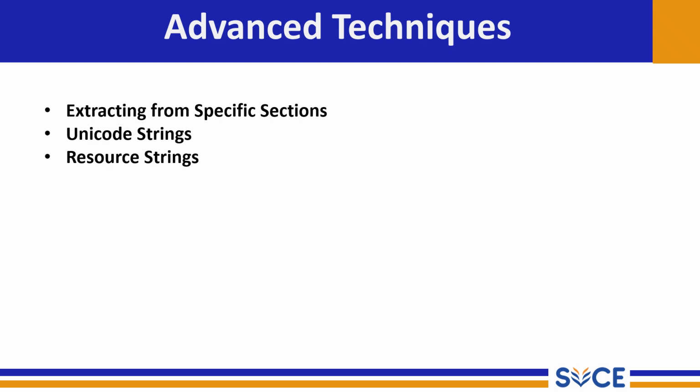The .text is the code section, .rdata is read-only data, which is common for strings, and .data is initialized data. And for Unicode strings, use strings followed by -el and file.exe, where the little-endian encoding is used in these kinds of cases.